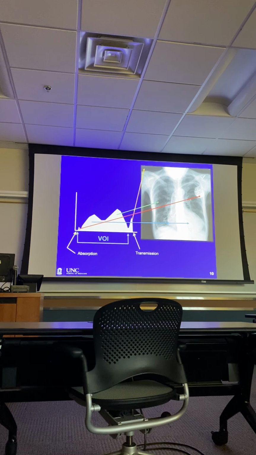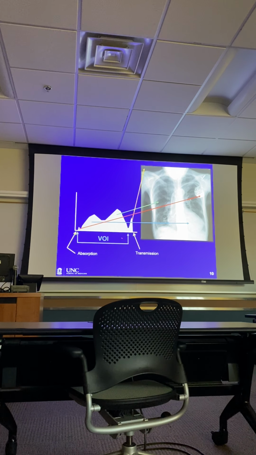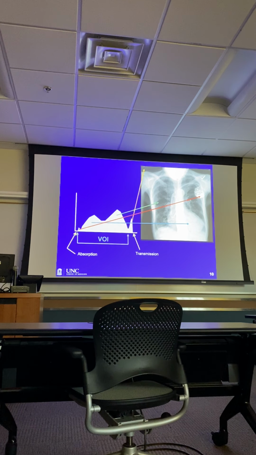With this particular example, the system included from this trough down to the very end here as its values of interest. So all of the pixel values from here to here were included in a processing algorithm to make adjustments to the data to present it appropriately.